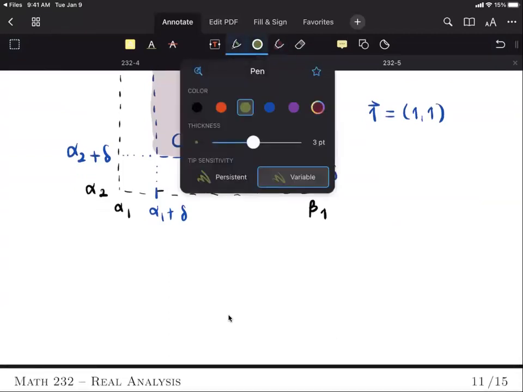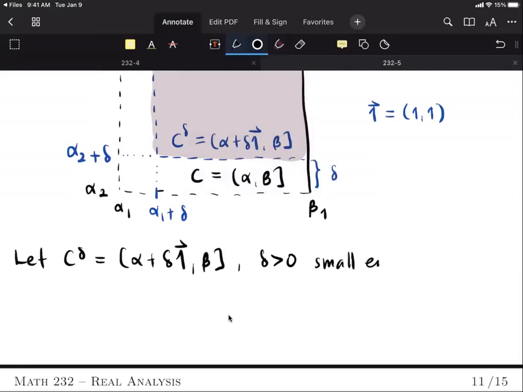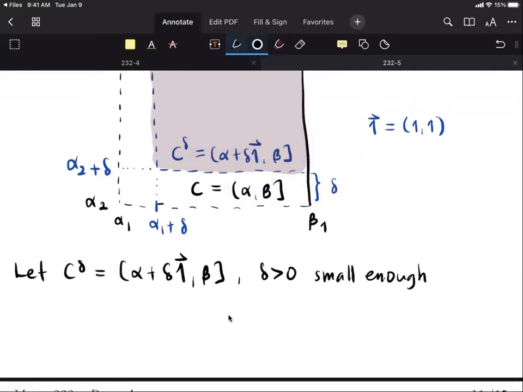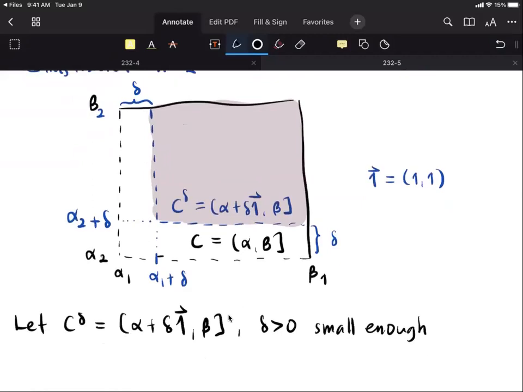So let us write down that in general. Let C delta be the cell alpha plus delta 1, beta. Delta here is small enough, small enough in such a way that alpha 1 plus delta will be between alpha 1 and beta 1. And that is possible because here alpha 1 is less than beta 1 by our assumption.